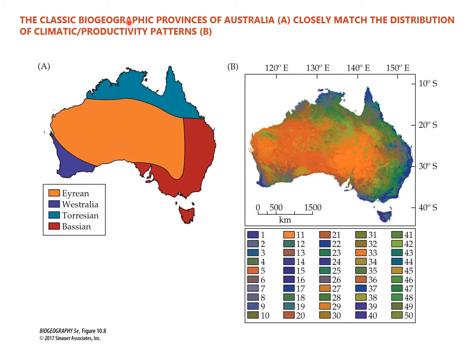Here we're seeing the classic biogeographic provinces of Australia, and that's in A. So you can see these four classic biogeographic provinces. And in B, we're seeing the map of the climatic slash productivity pattern. So it's a combination of precipitation patterns and also primary productivity that's being mapped out here, and you can see how closely it resembles the biogeographic provinces if we did things that way.